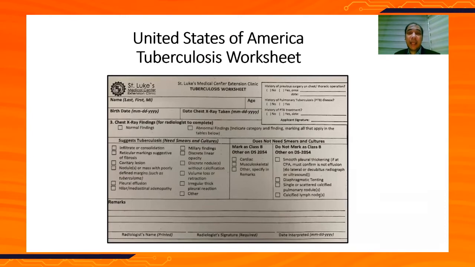Now, this is a US tuberculosis worksheet. The group of abnormal chest findings at the left side corresponds to a class A, suggestive of TB, and warrants sputum examination.